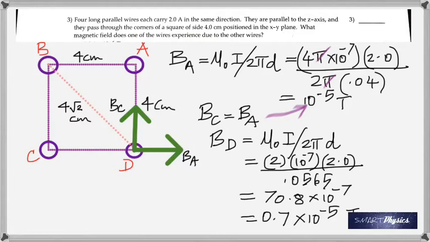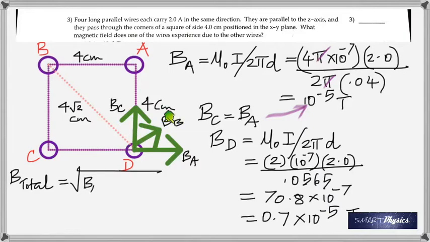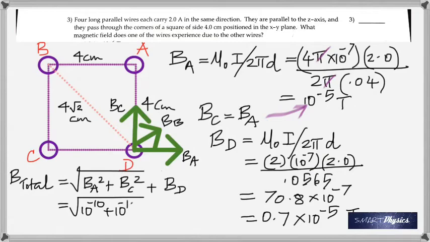Now you got to find the vector sum of these 3. And so first find the resultant of BC and BA, which is going to be exactly along this line. Now find the resultant of these two, and then add the third one to that, which is 0.7 times 10 to the minus 5.